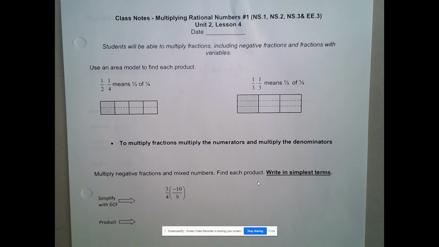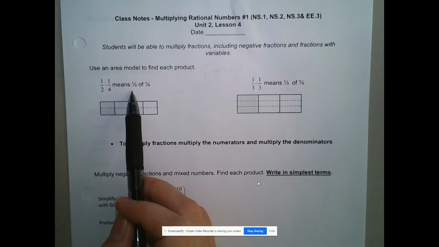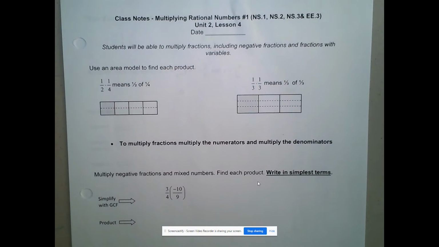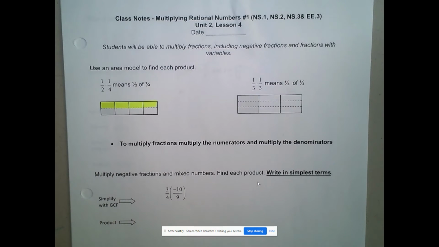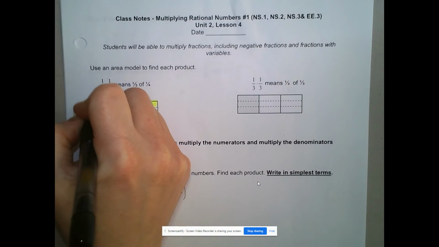So if you were asked to do 1/2 times 1/4, another way to think of that is 1/2 of 1/4. So if I took 1/2 and I shaded in 1/2 of the design, right? This would be 1/2 of the design.